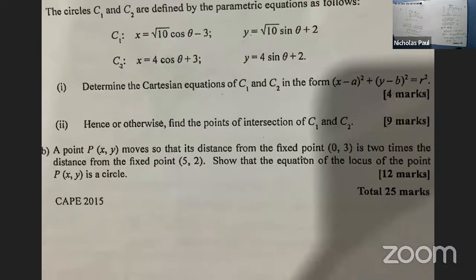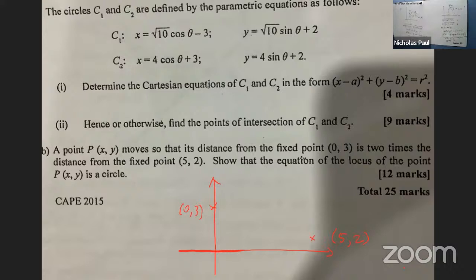As we think about this question, they give me these 2 points. So one is 0, 3, x is 0, y is 3. And the next point is 5, 2. Right? So the point P moves so that its distance from 0, 3 is 2 times the distance from here.